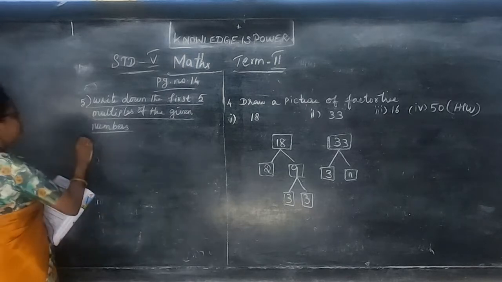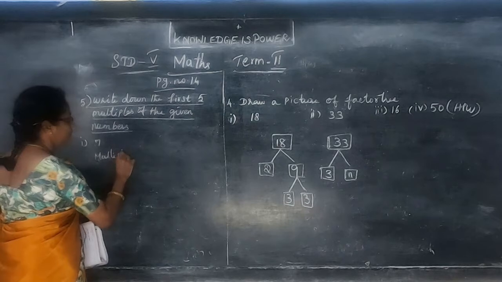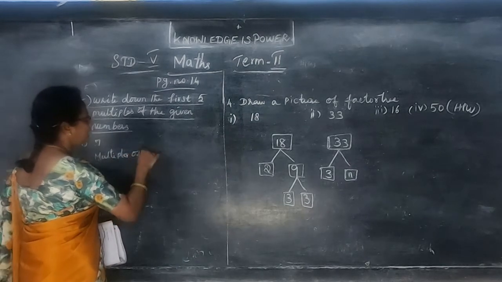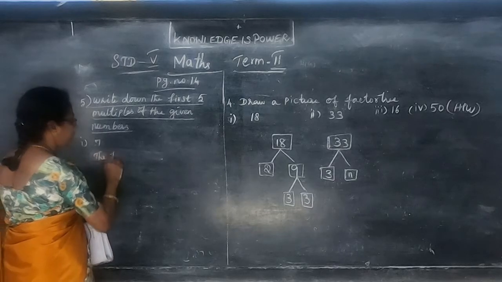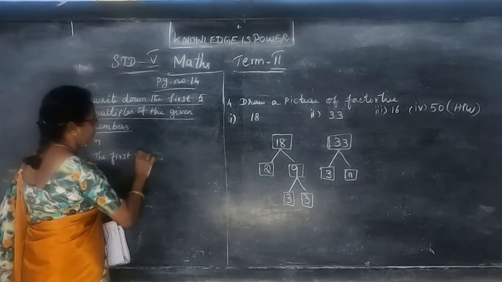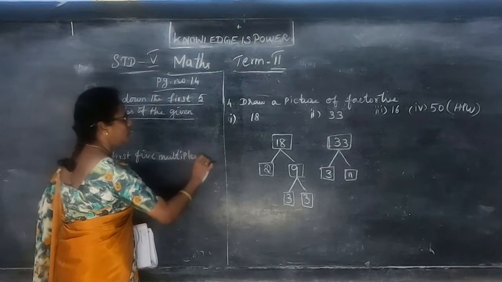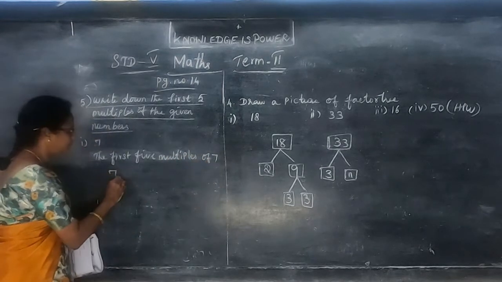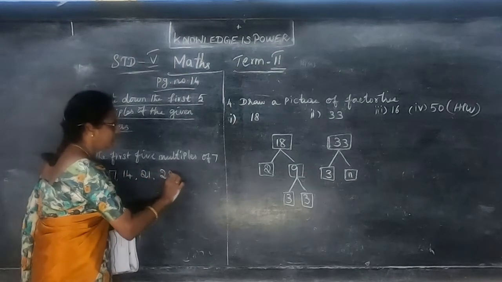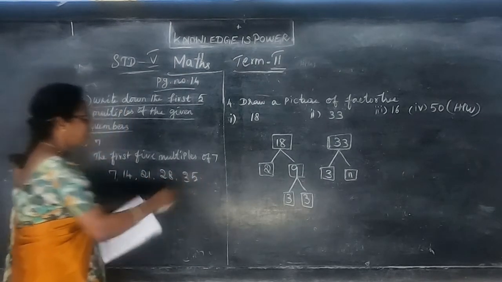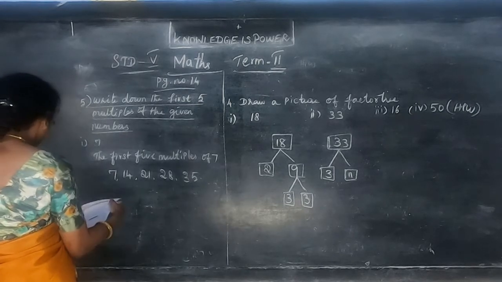They are given the first sum 7. So multiples of 7. They are asking the first 5 multiples. So you can write 7 ones are 7, 7 twos are 14, 7 threes are 21, 7 fours are 28, 7 fives are 35. This is the first 5 multiples of 7 tables.